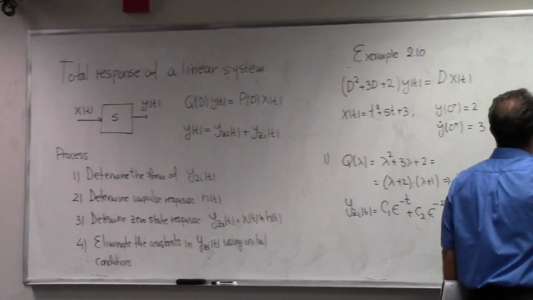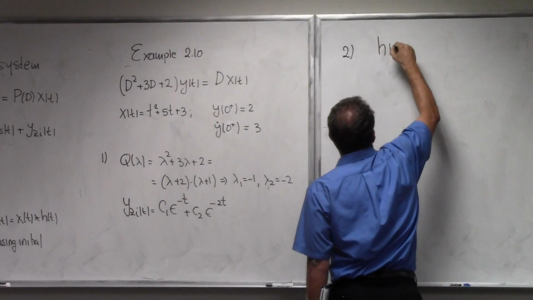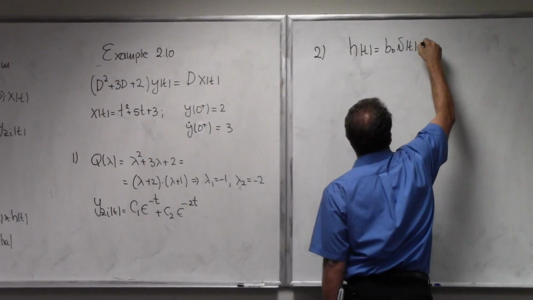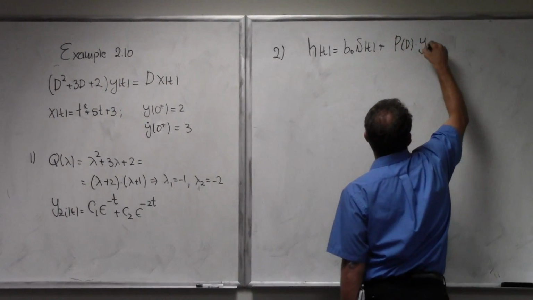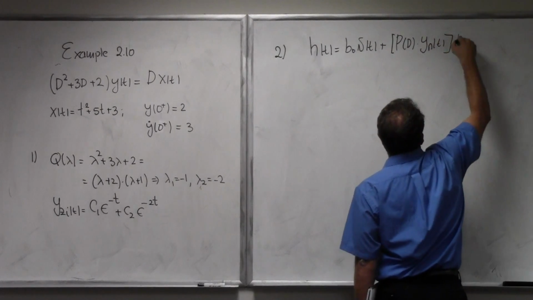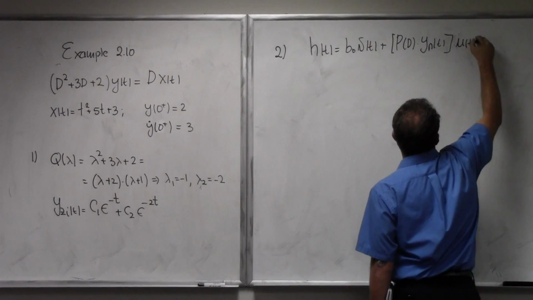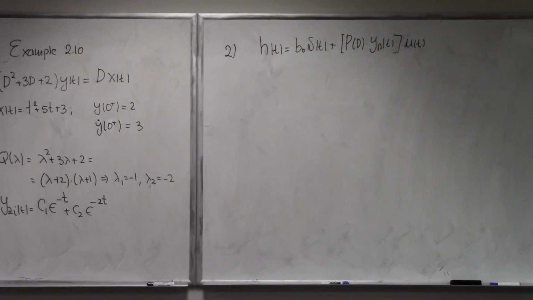In the second step, we're looking at the impulse response. We saw that it was given as B0 times delta of t plus P of D yn of t, times u of t. That was the general form of the impulse response of a linear system.